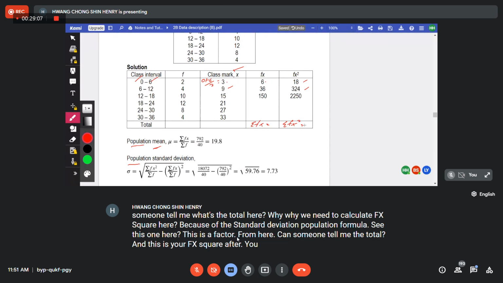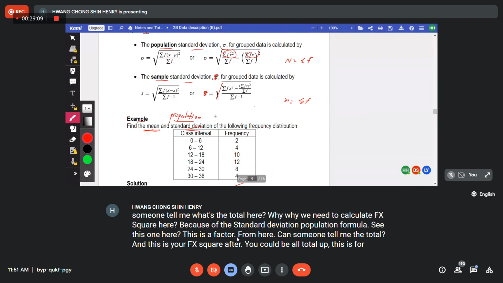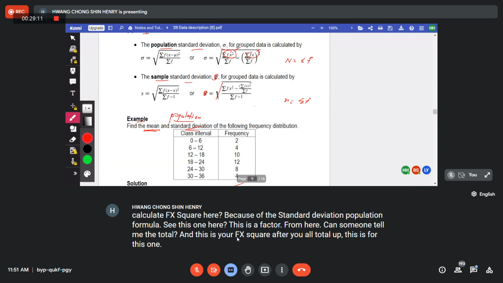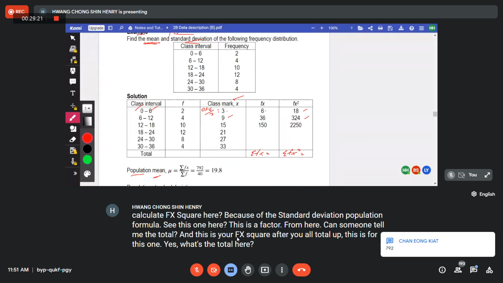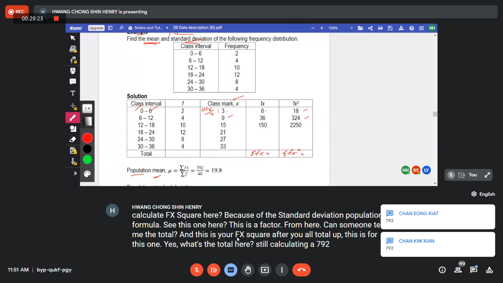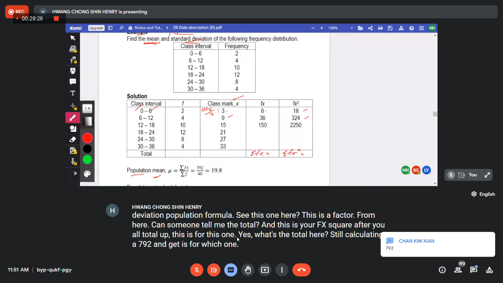After you calculate all, total up. Yes, what is the total here? 792 is for this one.